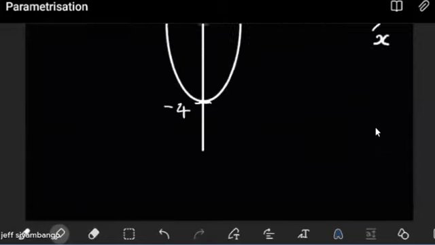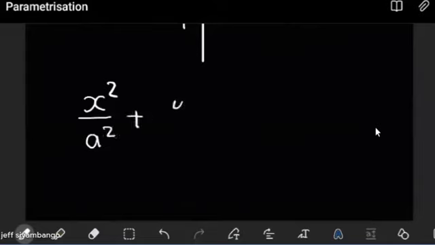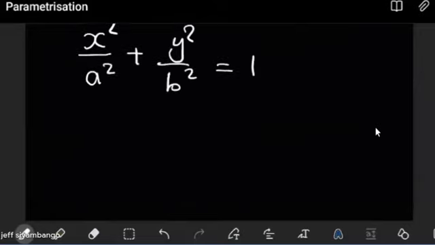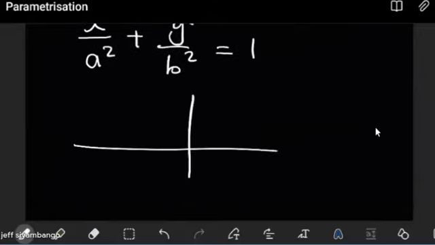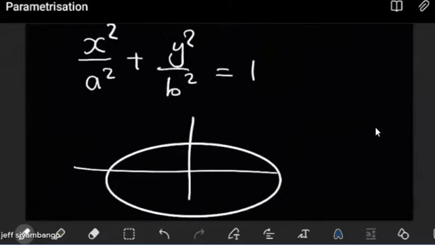If you remember the standard formula for this conic section, you have x squared over a squared plus y squared over b squared equals 1. This is the equation of an ellipse whose major axis is on the x-axis. Now the logic here is whatever the denominator of the x squared is, in this case, will be equal to a squared. Do you get that?